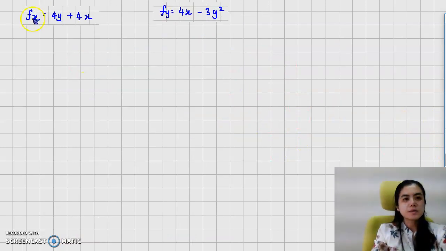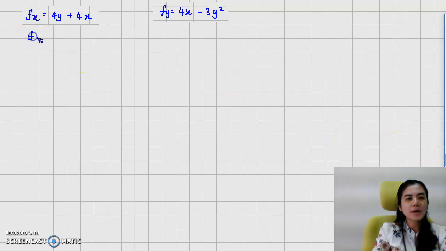So you have fxx: you treat y as constant, y as constant is 0, and you differentiate this, you have 4. And then you have to find fyy. For fyy, you treat x as constant. So this is constant.